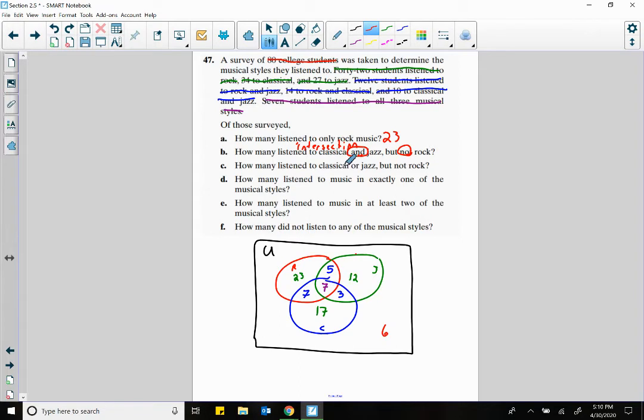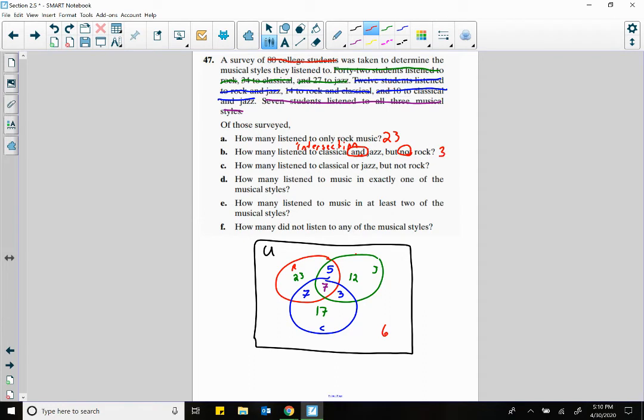So the answer to this, how many listen to classical and jazz, but not rock, is 3. Because again, the intersection between classical and jazz is the 7 and the 3. But we had to throw the 7 out because we don't want rock. And these students listen to rock. So the final answer for that one is 3.